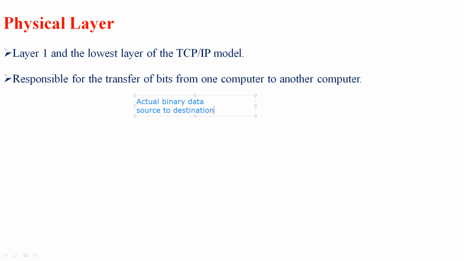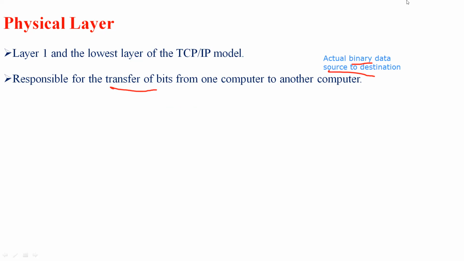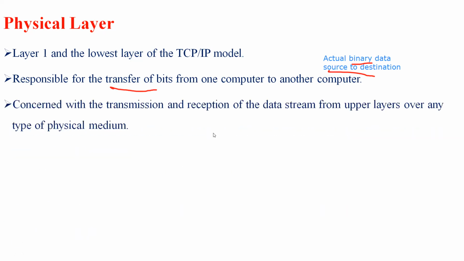Since the physical layer is responsible for the transfer of bits from one computer to another computer, it eventually transfers the binary data from the source to the destination node.